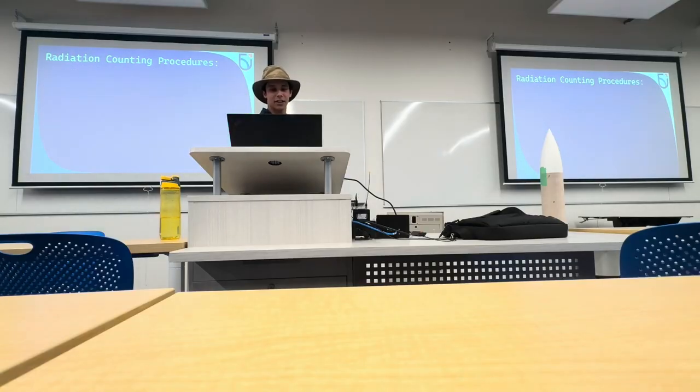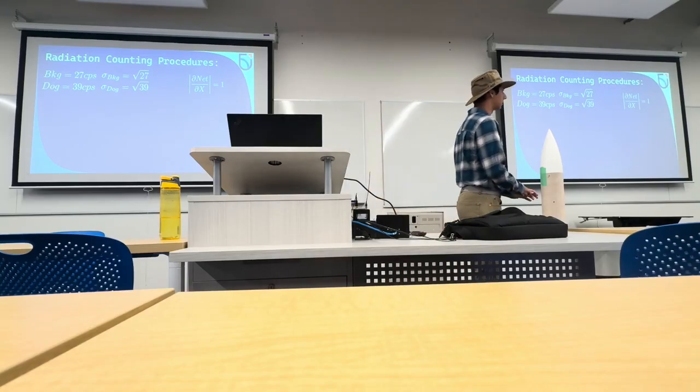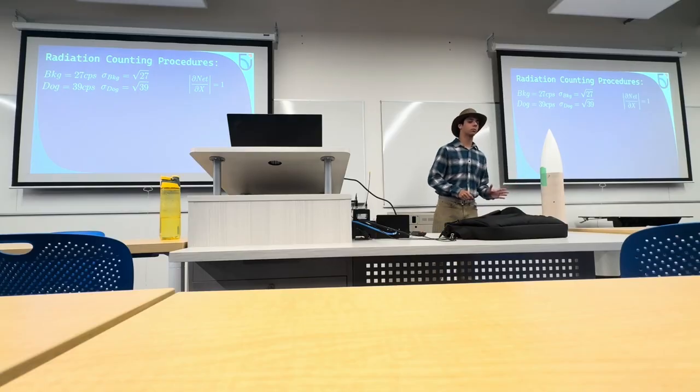So let's see here. We got these numbers. So if you want to try and go along, you can go along. So we get these sigmas, of course, nice and simple. The differential on net with respect to total or background is going to evaluate to 1. Why?